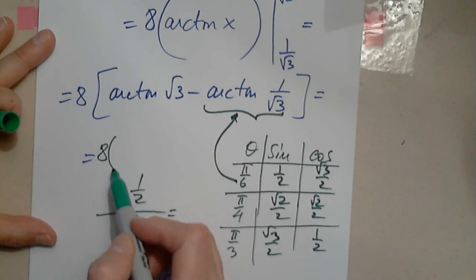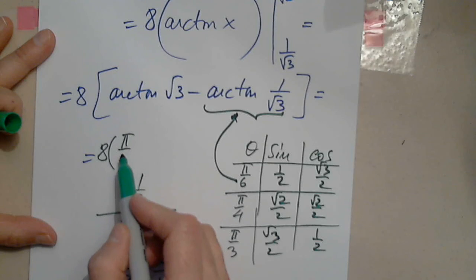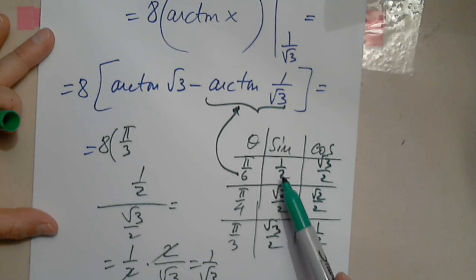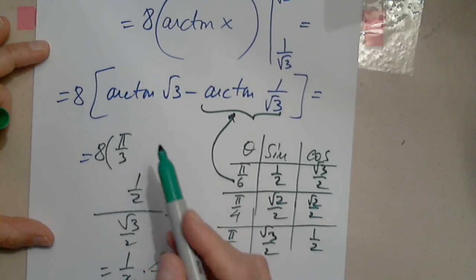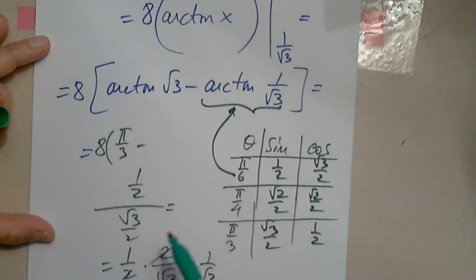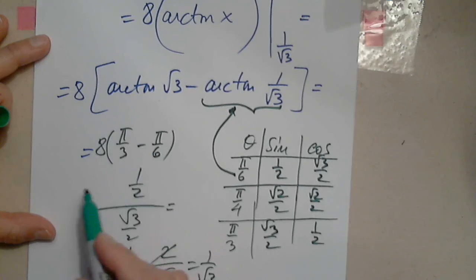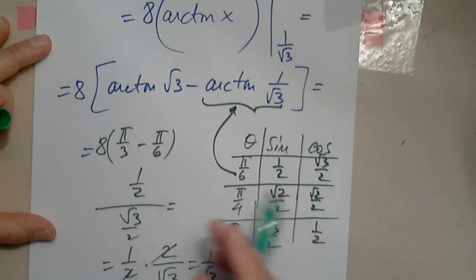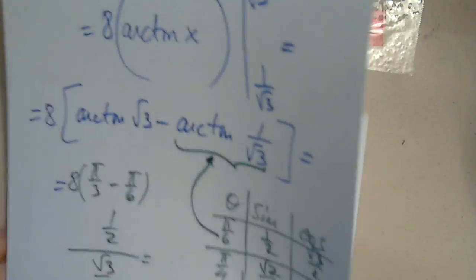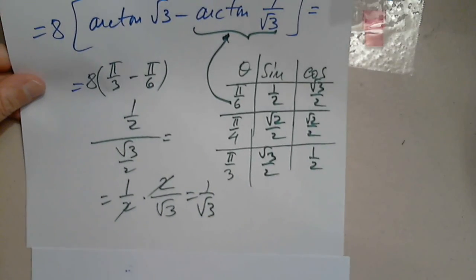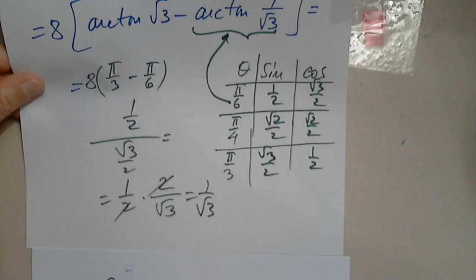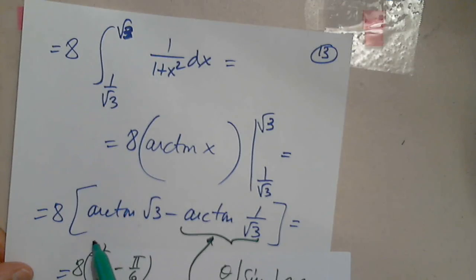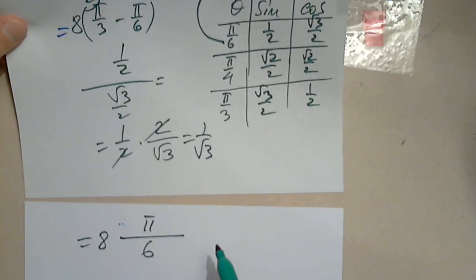So I have 8 in parentheses pi over 3, because when I divide this by this, I'll get the square root of 3, minus pi over 6. I still have to perform the calculations, it's not done. So I have 8, the least common denominator is 6, and this needs to be multiplied by 2. 2 pi minus pi, so it's pi over 6.